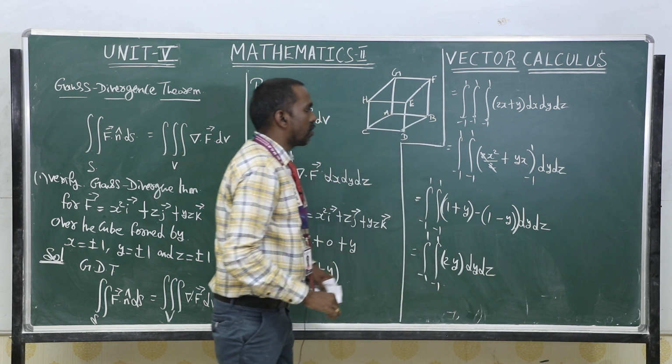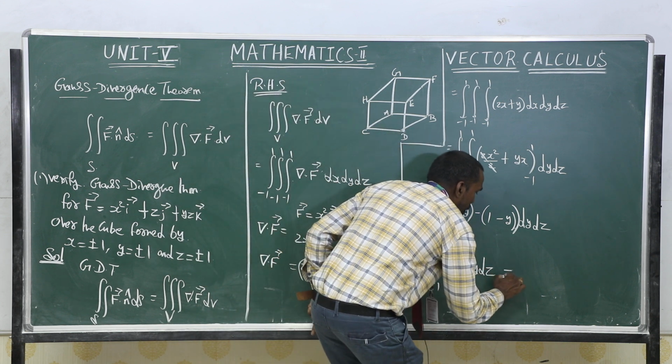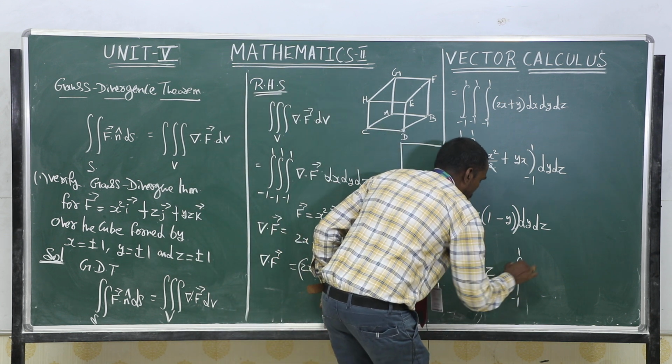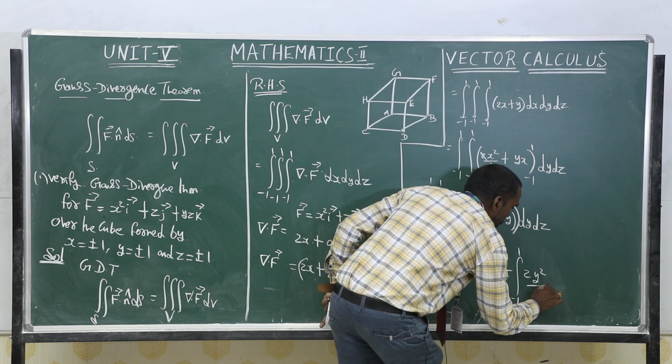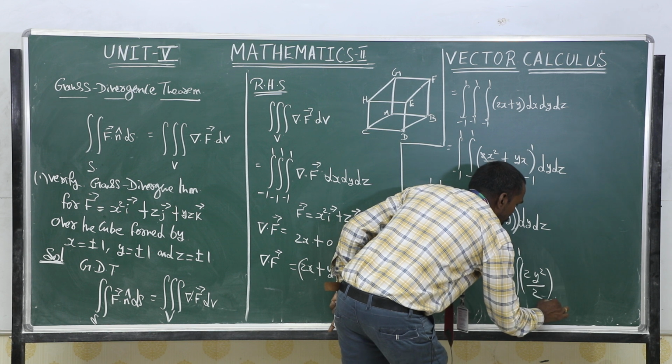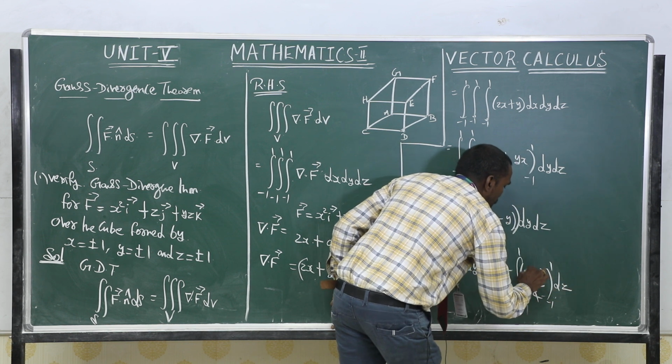Now I can again integrate with respect to y. So you have to integrate with respect to y now. Here also minus 1 to 1. So 2y will be 2y squared by 2. What about the limit here? Minus 1 to plus 1, here also dz. So the 2 gets cancelled.